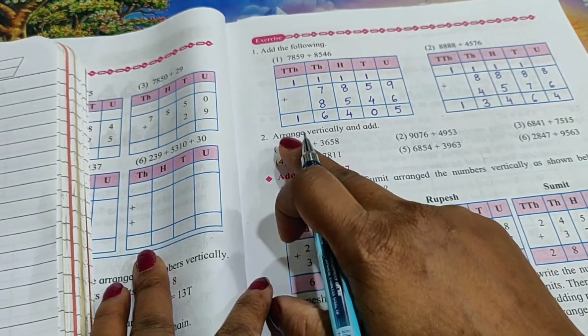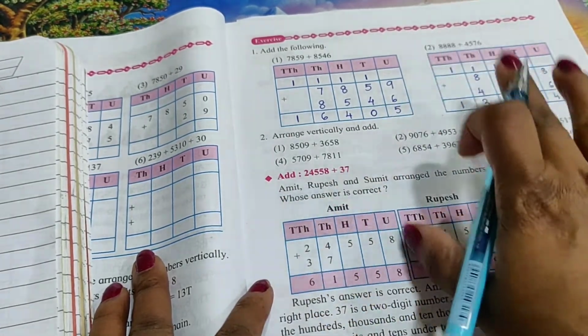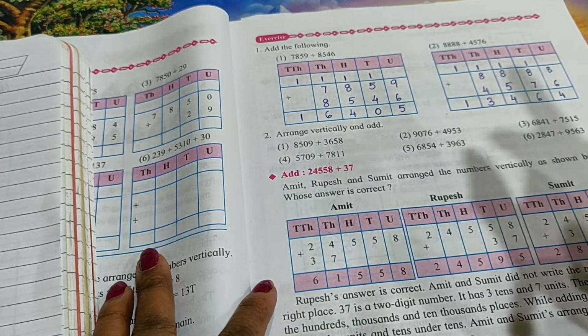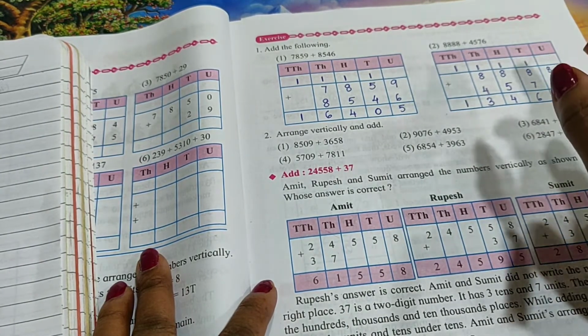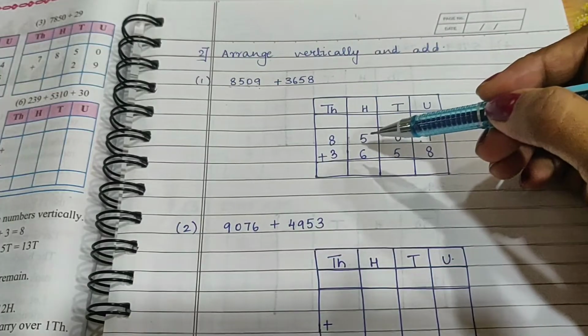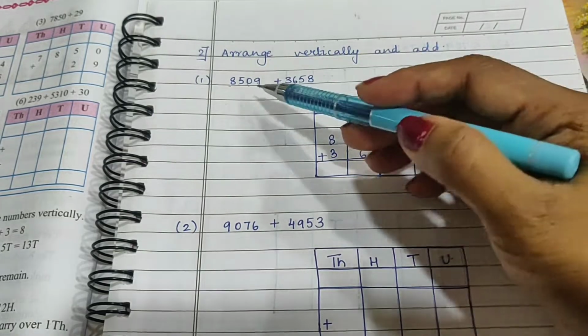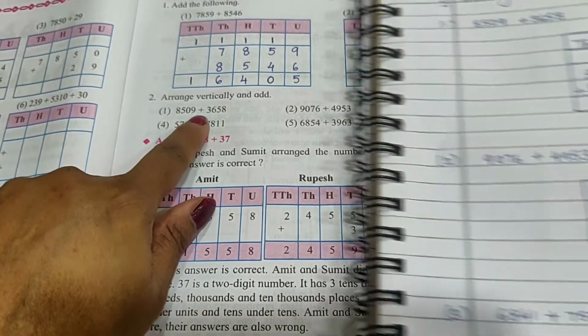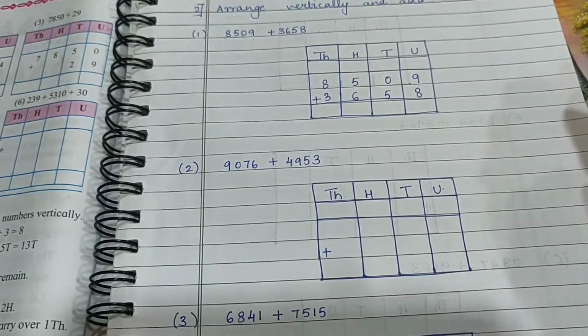Now question number 2. Arrange vertically and add. Children, what is the meaning of vertical? In last class I had told you vertical means standing and horizontal means sleeping. So in this sum, see, this is question number 2 from your textbook. I have written all the sums.